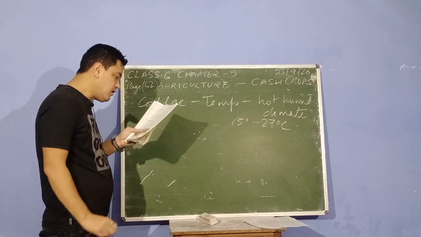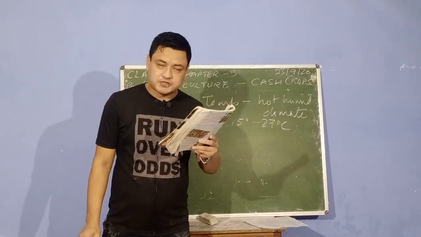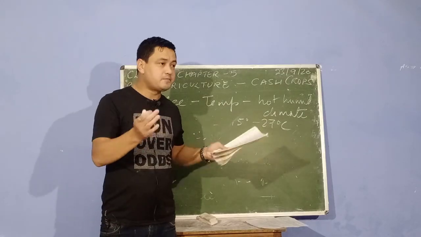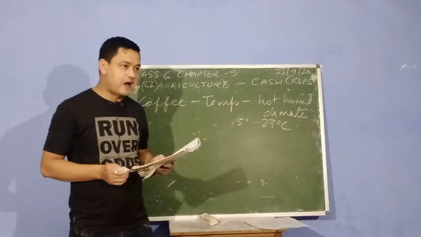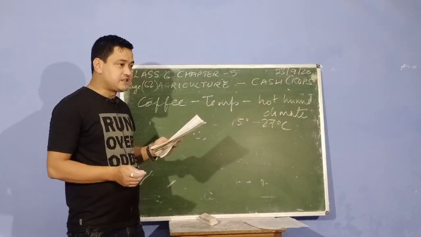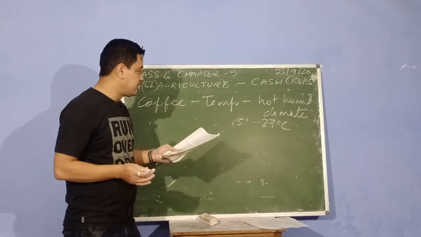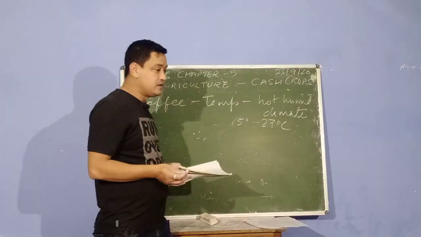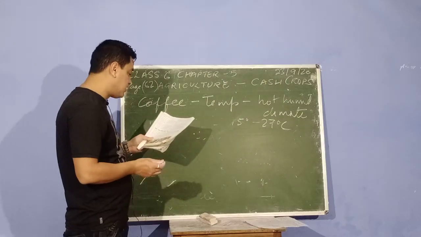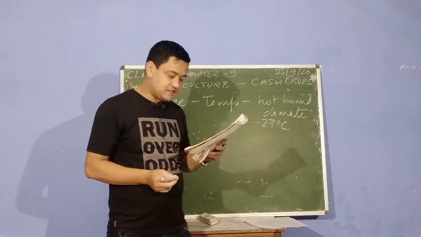Coffee cannot tolerate frost, so coffee cannot be grown in cold areas where there is a freezing point. It also cannot grow in stagnant or still water because it will spoil the coffee. And strong sunlight.